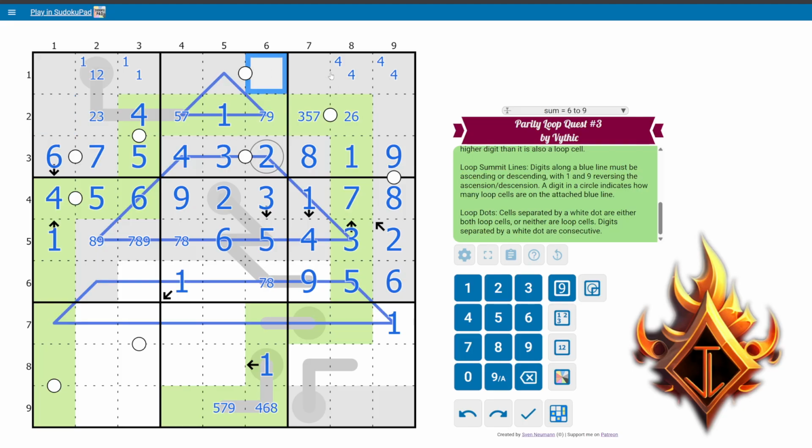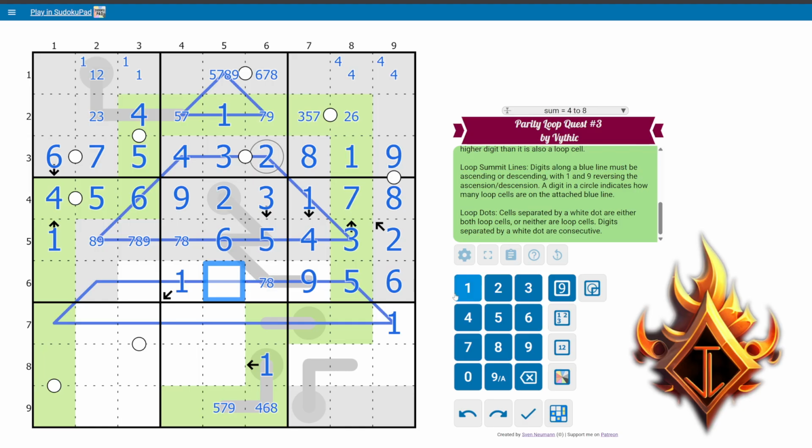This cannot be 1 through 5. This is 6, 7, or 8. And then this one would be 5, 7, 8, 9. That one is 5, 6, 7, 8 as well.